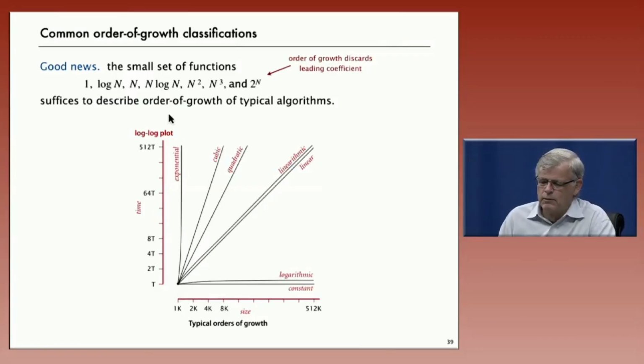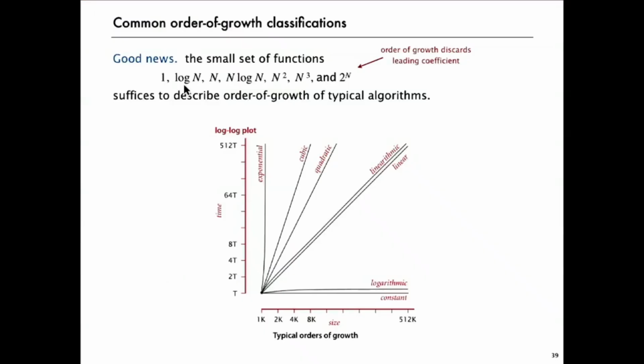When we're talking about order of growth, we're not talking about the leading constant. Normally we'll say the running time of the algorithm is proportional to n log n. That means our hypothesis is that the running time is tilde c n log n, where c is some constant.